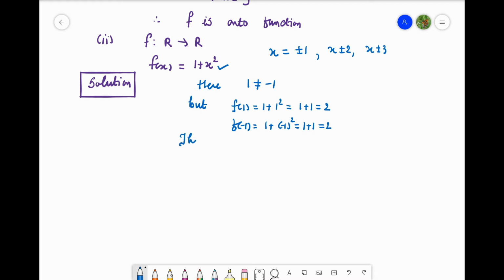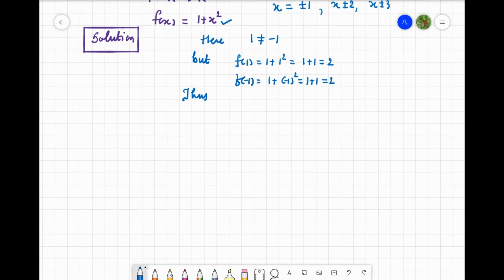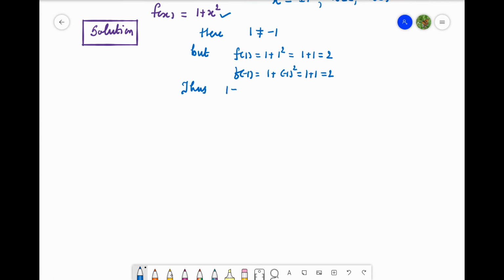Thus elements are distinct, 1 not equal to minus 1, but f of 1 equal to f of minus 1, and therefore f is many-one.